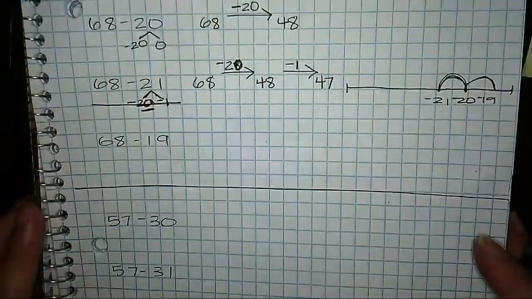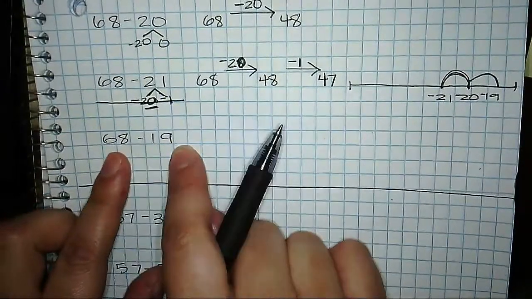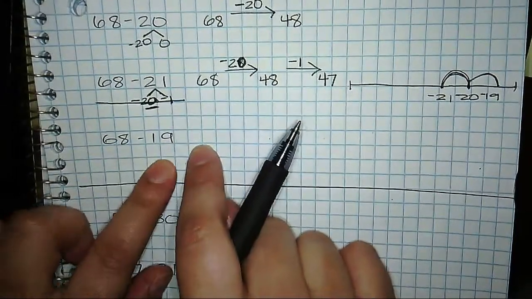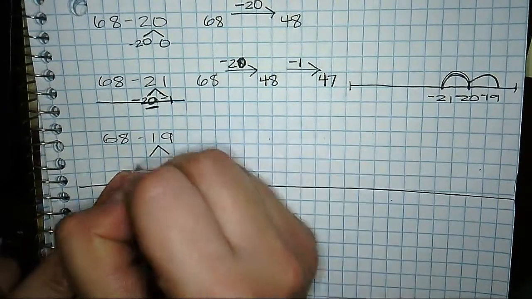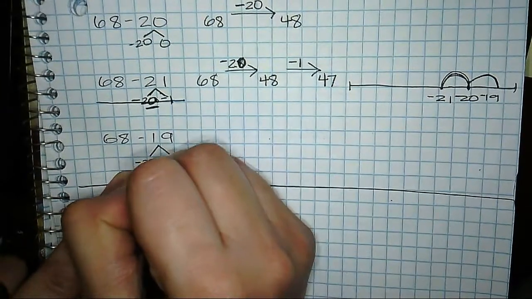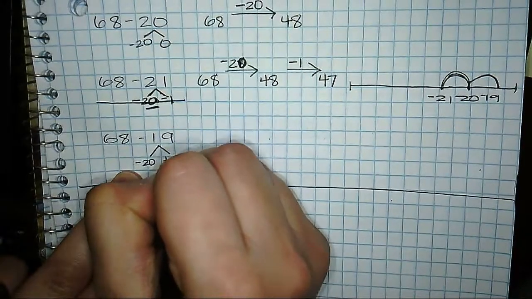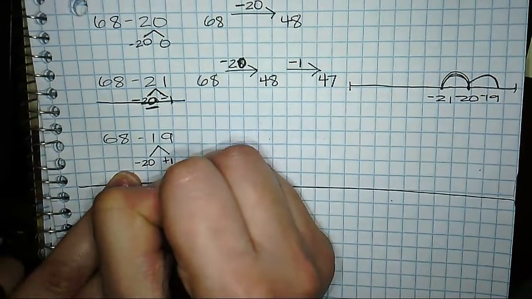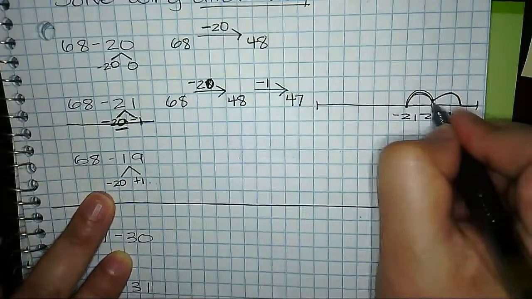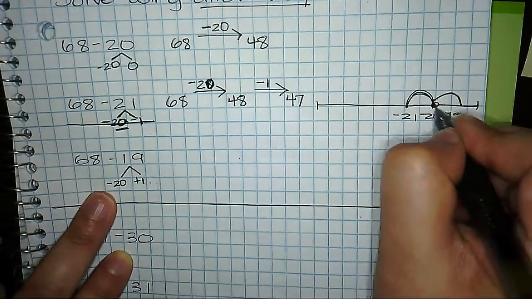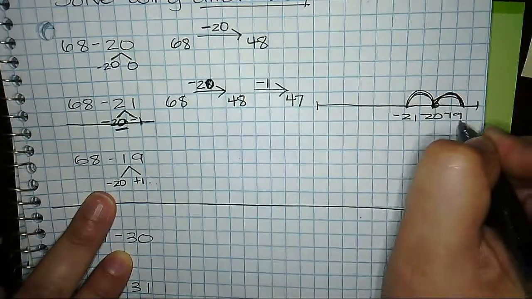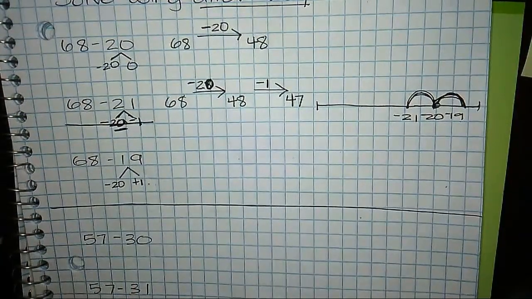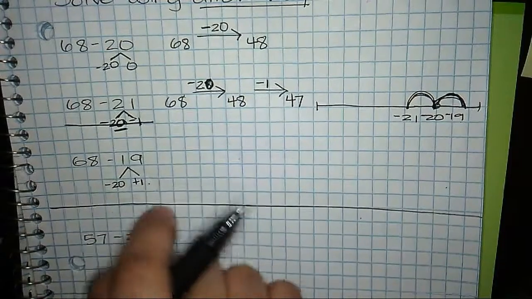Now let's do the other one. This one is tricky. 68 minus 19. I'm going to decompose the second addend. Just like the other one was tricky, this one I'm going to write minus 20, but one more than minus 20 gives you 19. You see right here, if I'm at 20 and I jump one more, that gives me 19. So that's why I'm doing it like this.